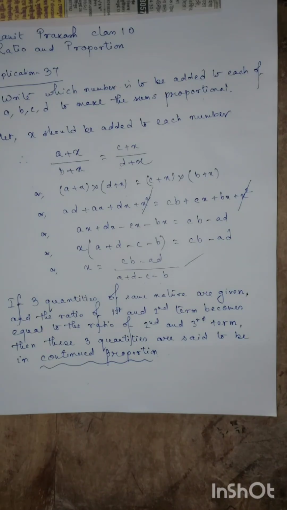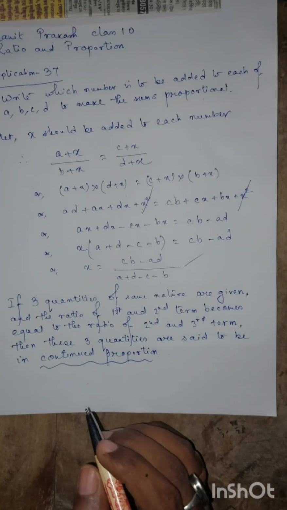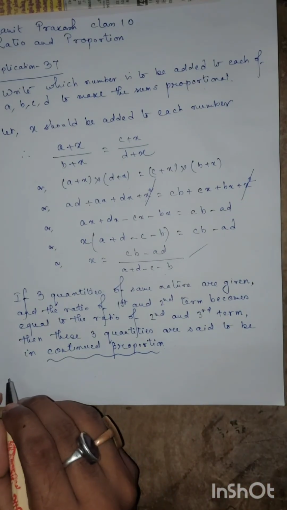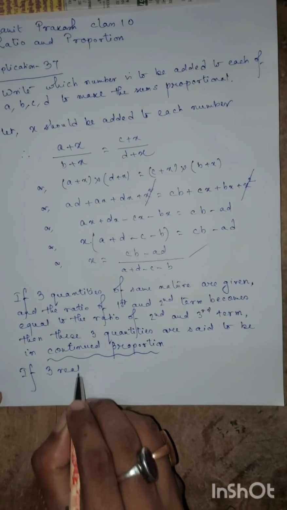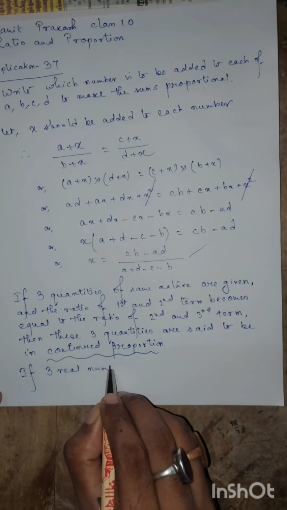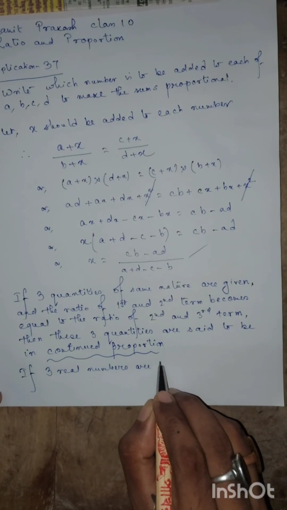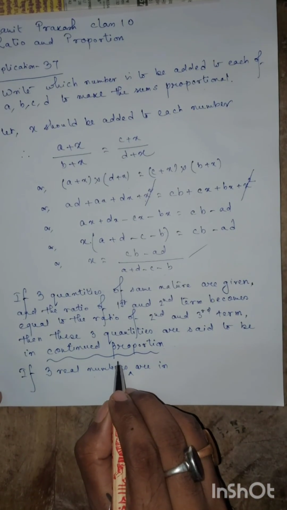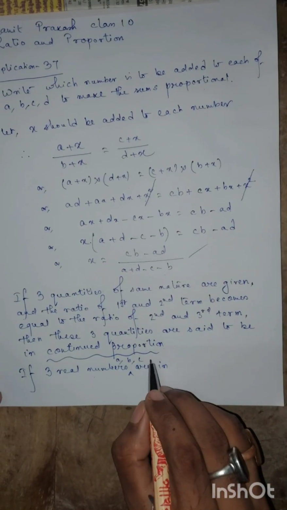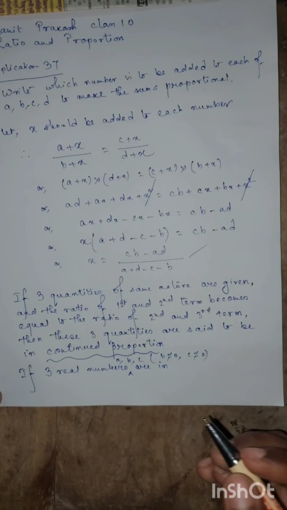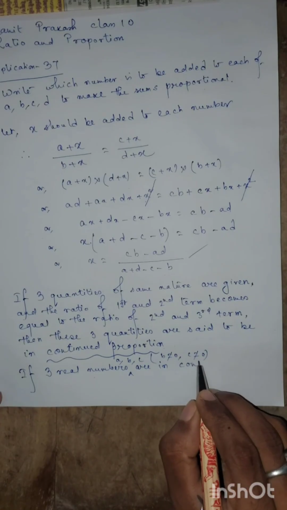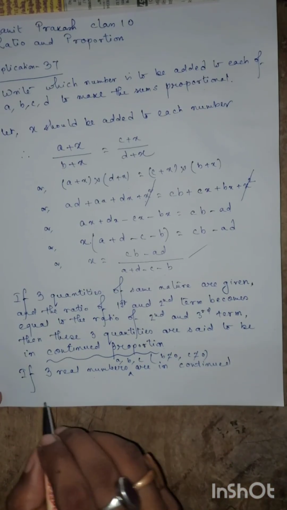So, for example, if I say if three real numbers A, comma B, comma C, where B not equal to 0, C not equal to 0 are in continued proportion.